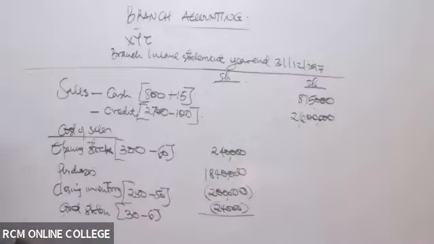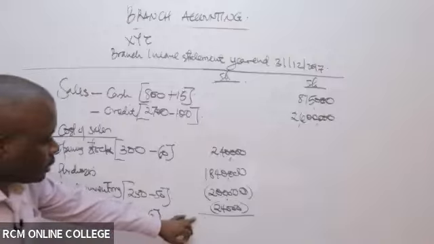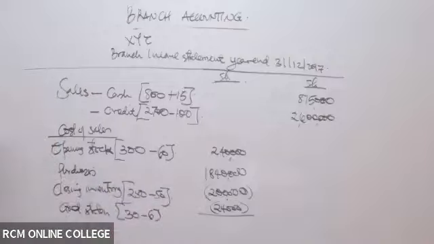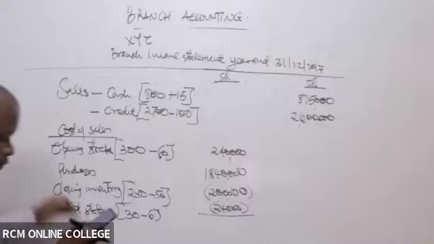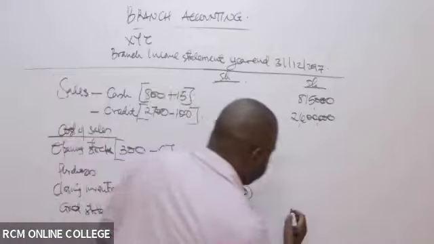So the opening stock plus purchases minus closing inventory minus goods stolen, because it is reducing part of the closing inventory there. How much are you getting? I can see 1,856,000.